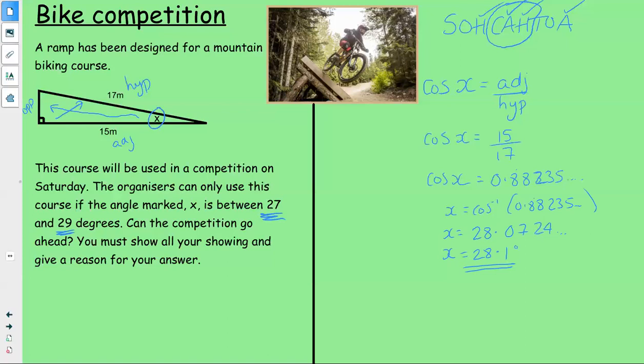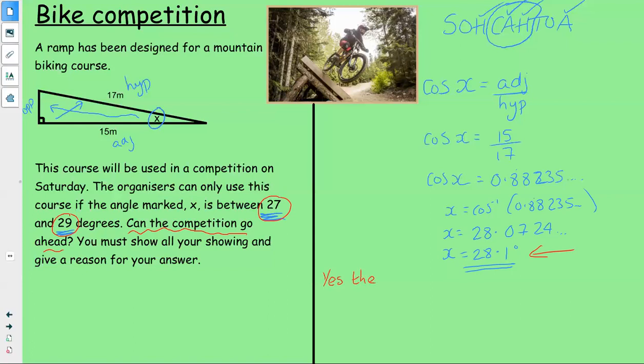Now, you found the angle there, which is 28.1. You still have to do an extra part because there's a little question here. Can the competition go ahead? You must show your working. So is that 28.1 in between 27 and 29? Yes, it is. So you'd have to write a wee sentence.